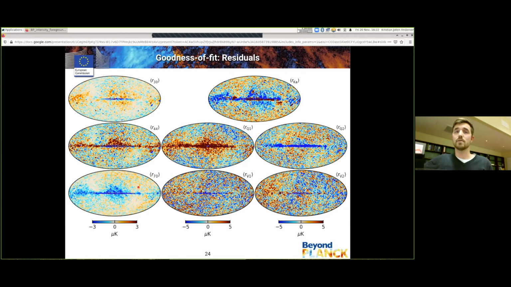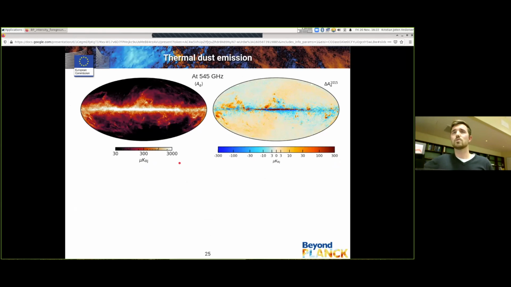Outside these, where these components dominate, we see that almost all the maps are consistent with white noise at the fluctuation level of the maps themselves. So looking at the thermal dust emission, we don't really see that much difference with 2015.